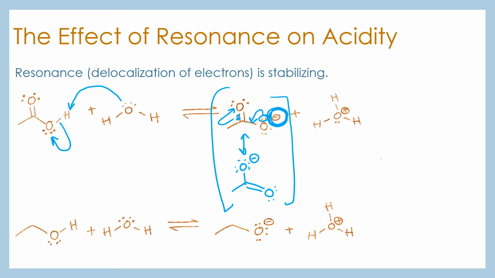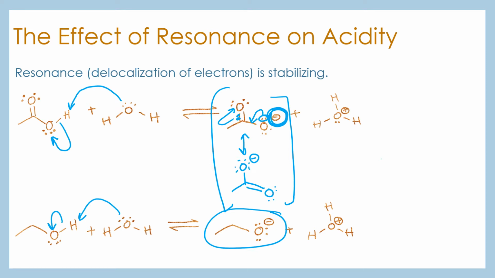Now, if we look at the similar reaction below, we have ethanol and water. And ethanol was chosen for this example because ethanol and acetic acid have the same number of carbons. So all that's missing from ethanol is the carbonyl. So if we take water and try to deprotonate ethanol, we're going to end up with ethoxide as the conjugate base.